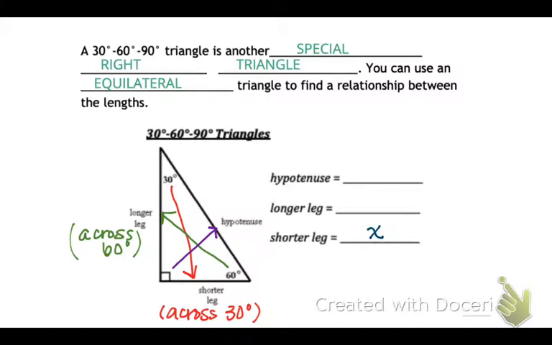We know that our hypotenuse is always going to be 2 times the length of the short leg in our right triangle. And then our longer leg is always going to be the length of the shorter leg multiplied by radical 3.